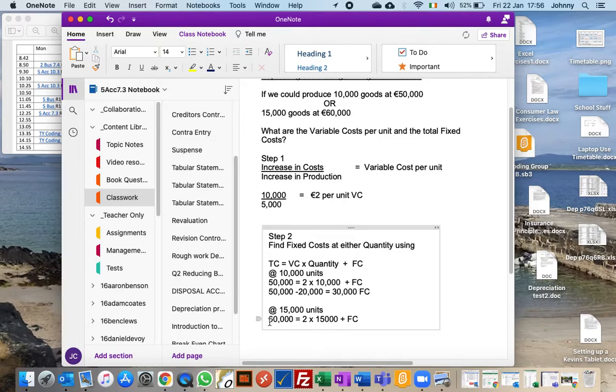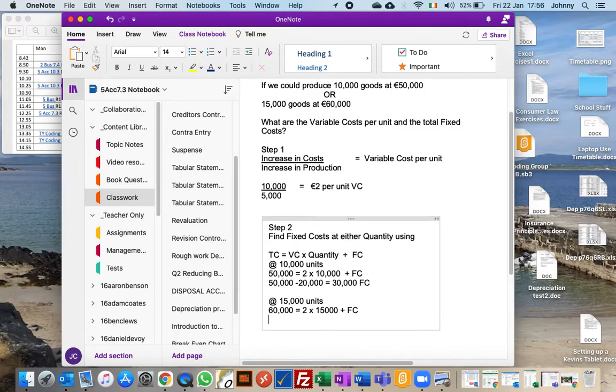So you'd end up with 60 minus 30 equals fixed cost. So fixed cost again becomes equal to 30,000. That's just the proof. So now we've separated our costs into the fixed element and the variable element.